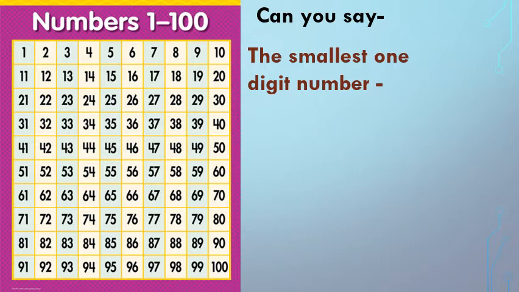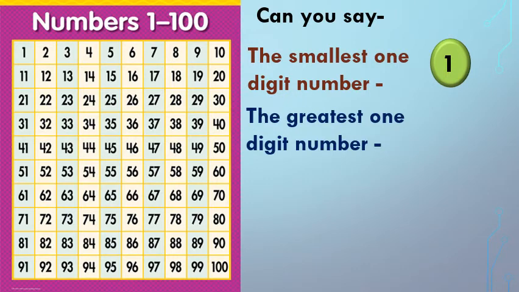That is the smallest one, nothing but 1. Now come on, tell me this. The greatest one digit number. The digit should be only 1. Can you see there? Yes, you are right. That is 9. 9 is the greatest one digit number.